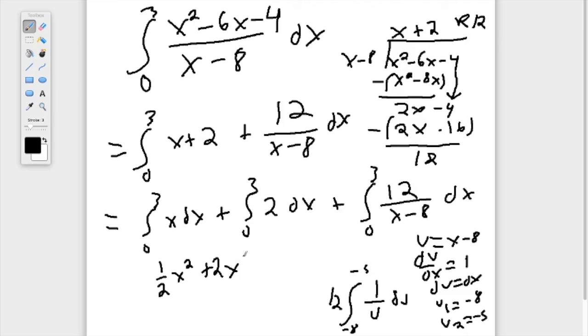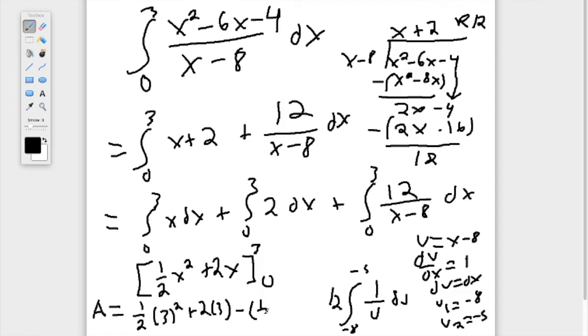So let's just evaluate this part first, since we already know the answer. Going a little off topic. Basically it's just 1/2 times 3 squared plus 2 times 3, and let's just say this is our a value. It's going to store it in an a value, and then we're going to do the same thing for 0, but we're going to have to subtract.